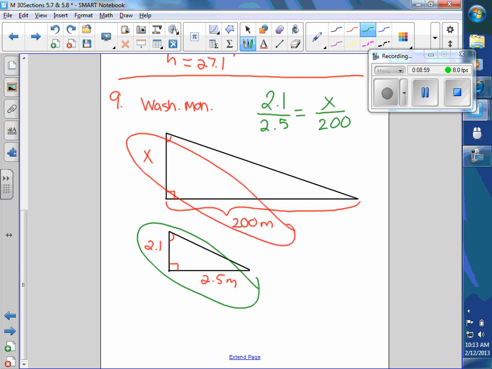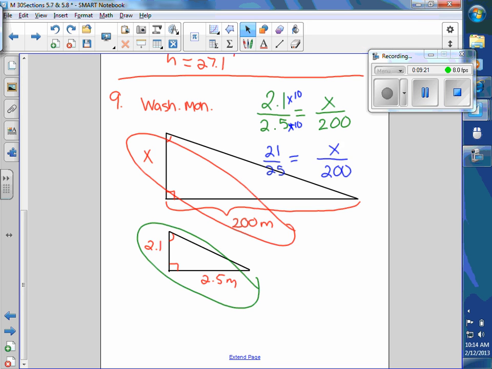But before I do that, does the setup make sense? A lot of people don't like the decimals, so this is the same as 21 over 25, because you can multiply the top and bottom by 10, right? And that sometimes helps people when you don't have a calculator. Does that make sense? So, let's bring that over there where it's not crowded.